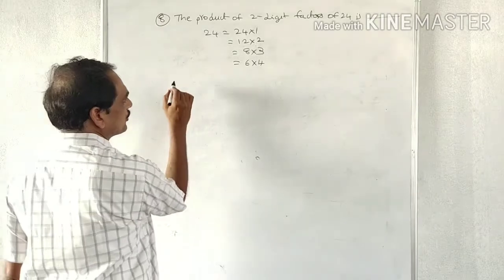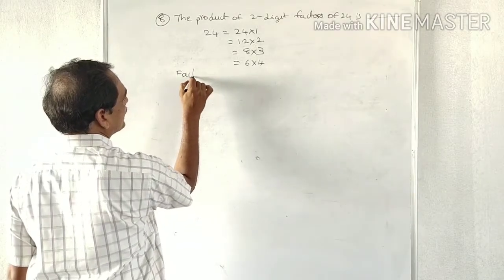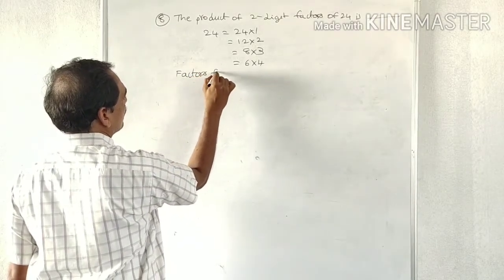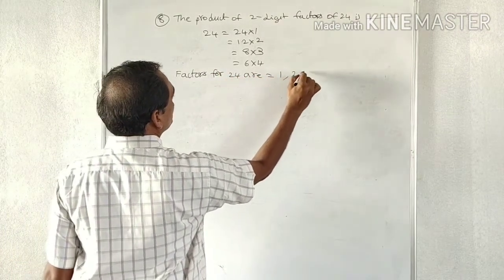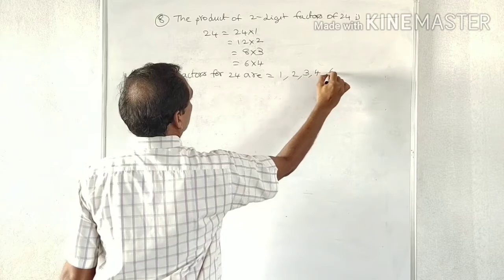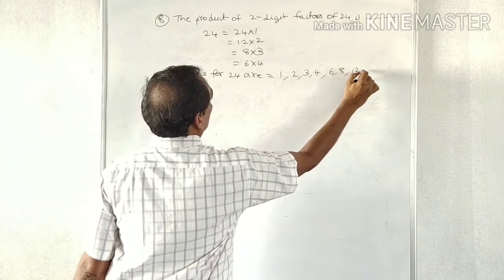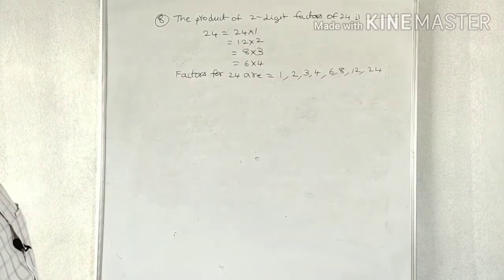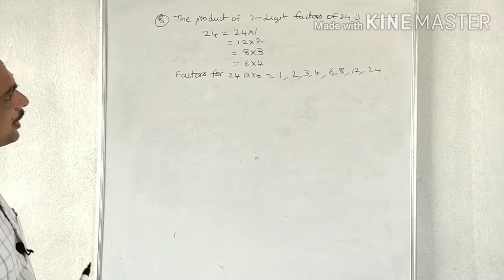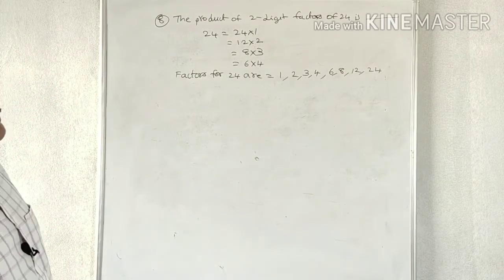And the factors for 24 are equal to 1, 2, 3, 4, 6, 8, 12 and 24. These are the factors for 24. Of these, the problem is the product of two-digit factors.